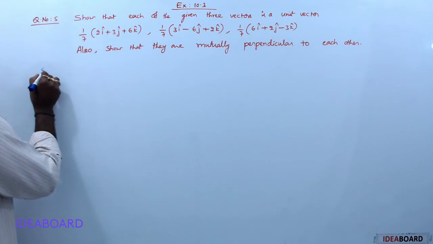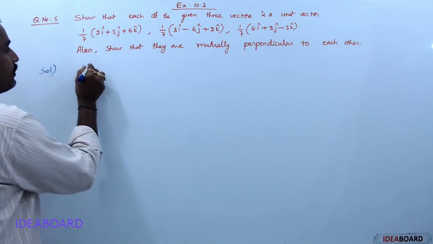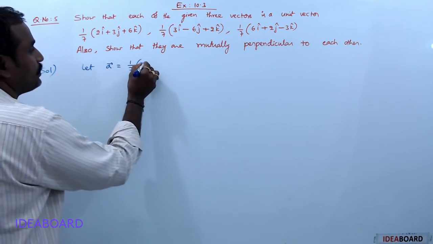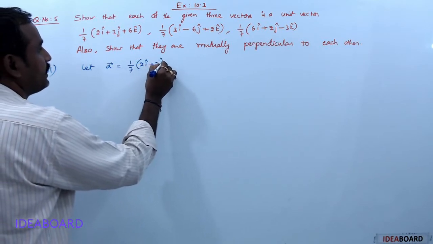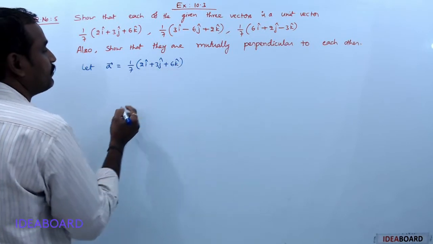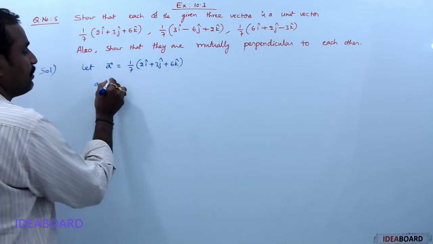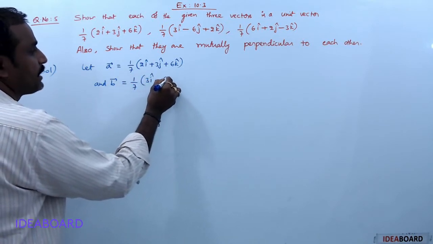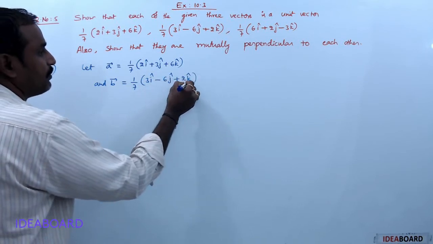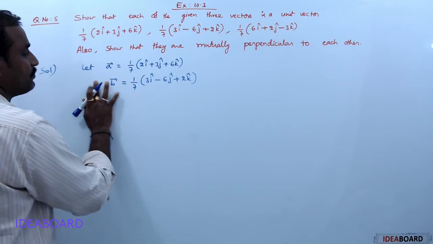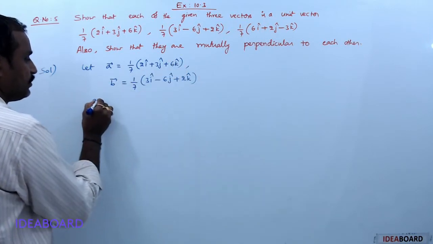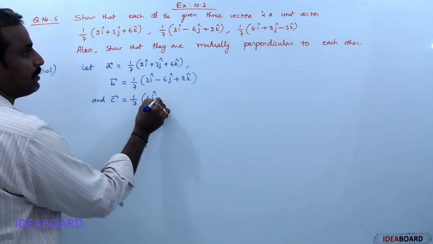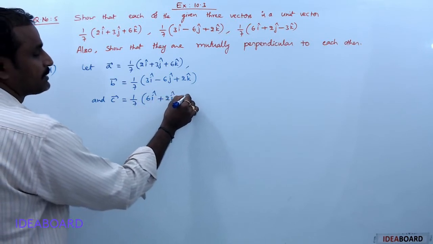So the solution: let a bar be equal to 1 by 7 of 2i cap plus 3j cap plus 6k cap, and b bar equal to 1 by 7 of 3i cap minus 6j cap plus 2k cap, and c bar equal to 1 by 7 of 6i cap plus 2j cap minus 3k cap.